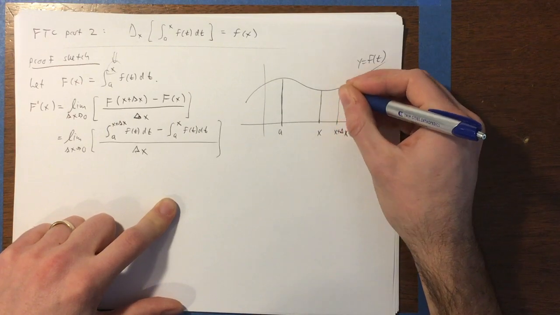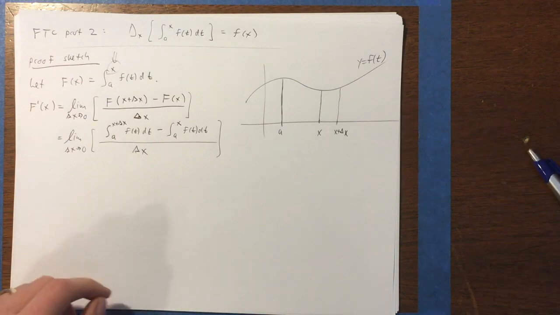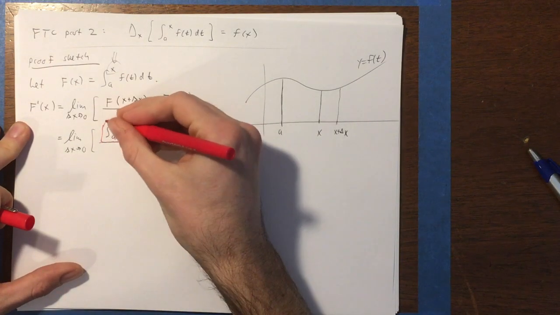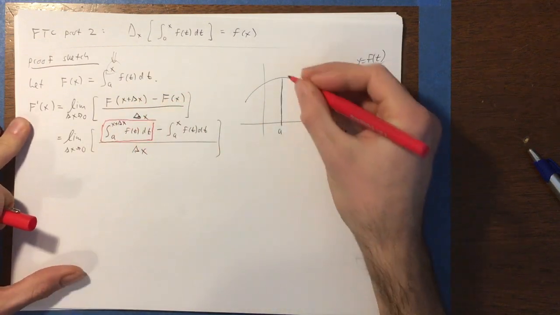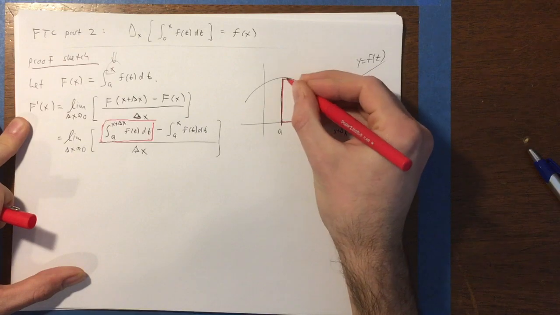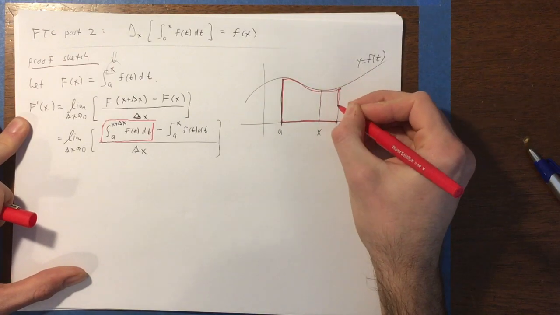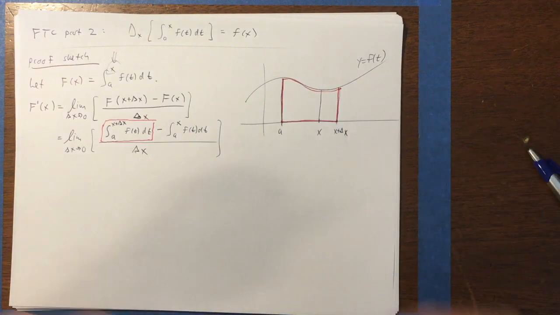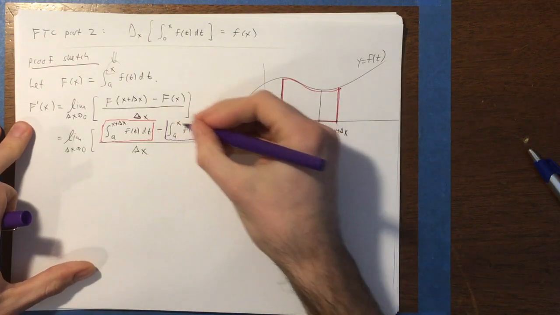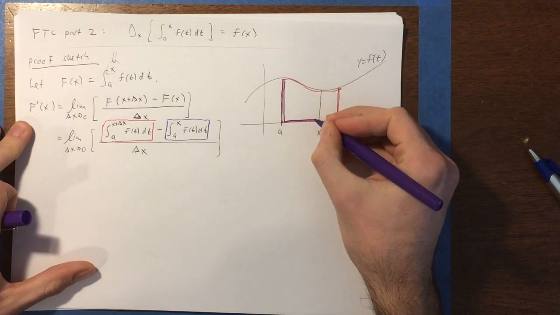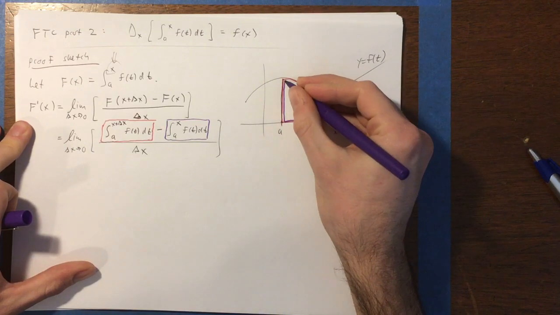So what we're talking about doing is taking the integral from a up to x plus delta x, and I'm going to outline that area in red. And then we subtract from that the integral from a up to x, and that is going to take off the first part of it up to there.